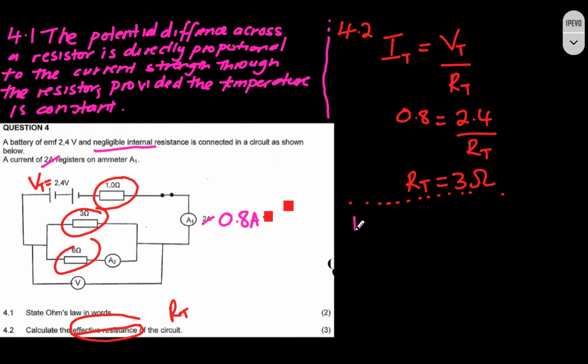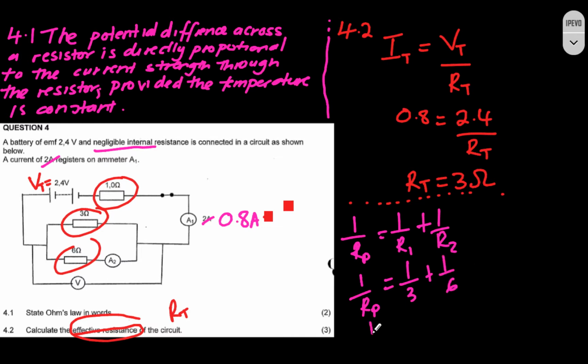Ones in parallel first is going to be 1 over Rp is equal to 1 over R1 plus 1 over R2. Okay, substituting, we're going to get 1 over Rp is equal to 1 over 3 plus 1 over 6, which means our Rp is going to be equal to 2.